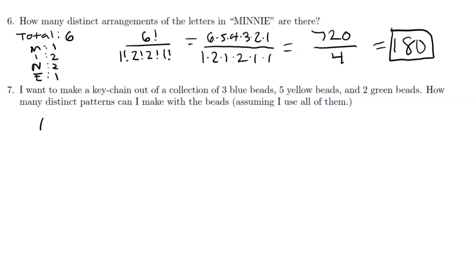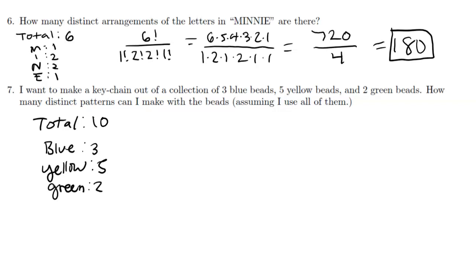So I'll need to figure out a total. And then maybe with this one, it's actually easier to do the parts first. So the different types that we have here is the different colors. There's blue, there's yellow, and there's green. We had 2 green, 5 yellow, and 3 blue. So if we add all those up, 3 and 5 and 2 makes 10.